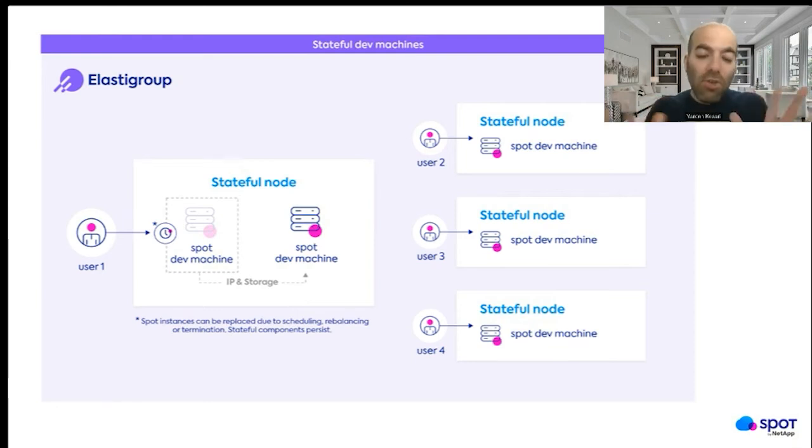You have double the savings because you keep it down during off hours, and while it's up, you're using Spot. So higher savings on this matter. We've seen this as a very popular approach to deploy thousands of dev machines with minimal cost consideration.